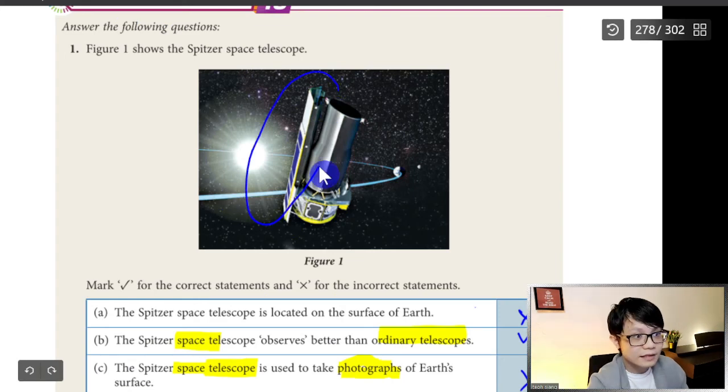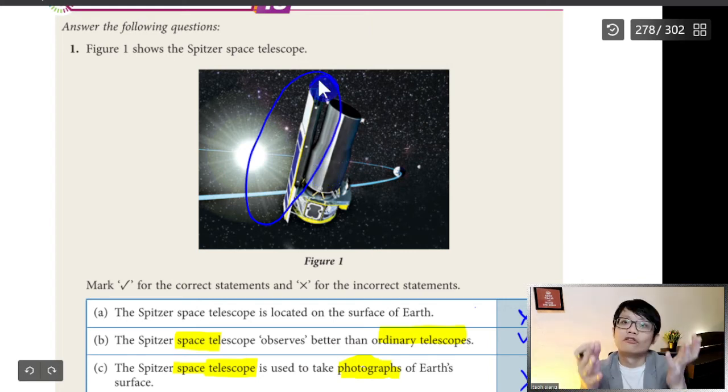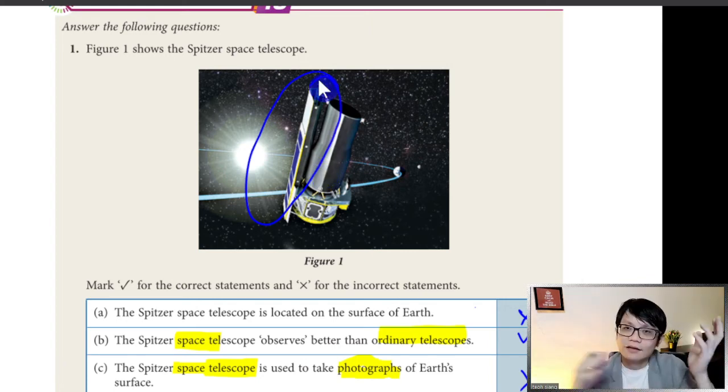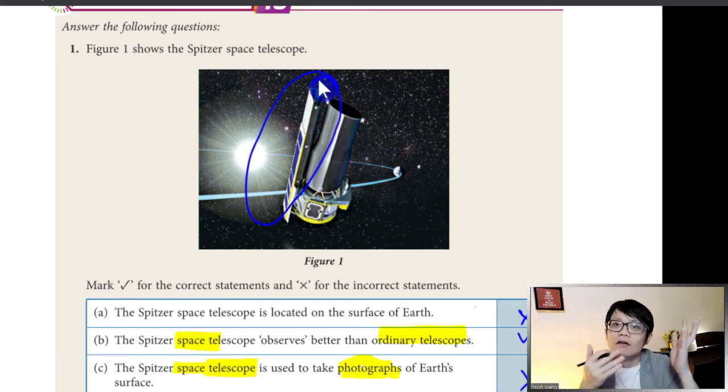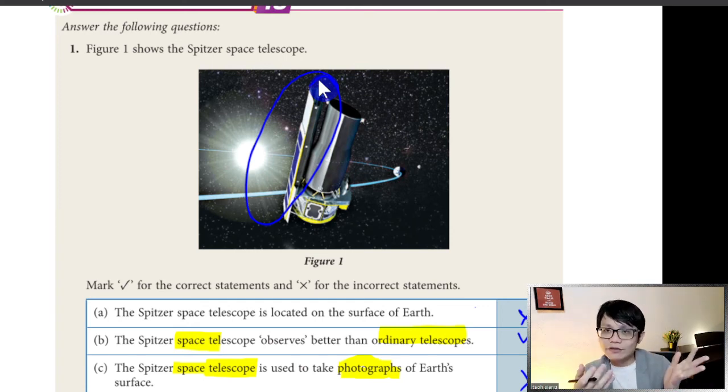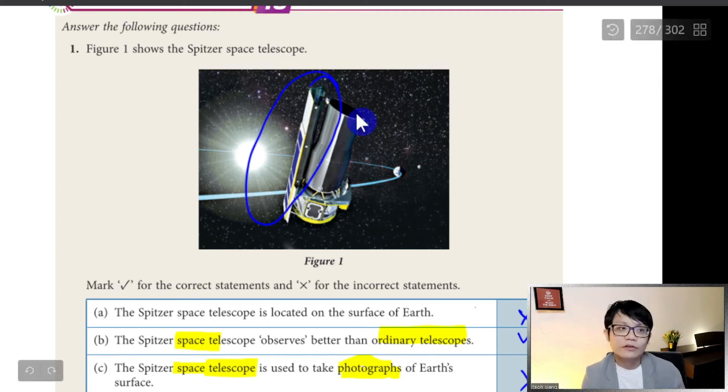You see or not? You don't want to bring a battery up, right? If you bring a battery up, the battery will finish. After the battery is finished you need to charge it, and you have nothing to charge the battery with. So the easiest thing to do in space is to get electricity from the sun.